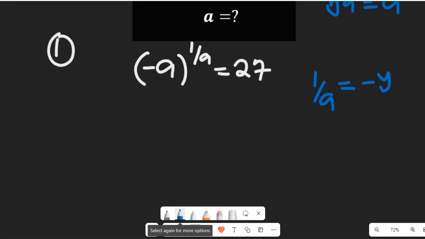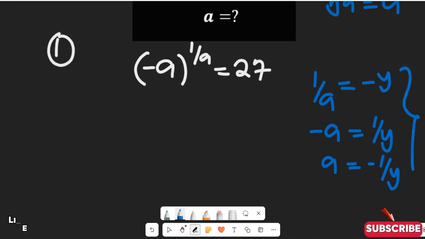Good. That simply tells me that negative a can be equal to 1 divided by y. This assumption can be true. And from this assumption, I can also look at my a to be equal to negative 1 divided by y, right?